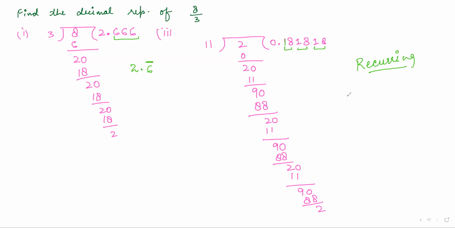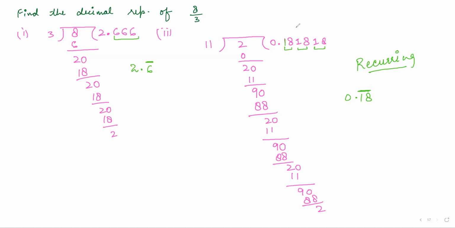Now again, this we can write as 0.18 with a bar. The bar covers both digits, because 181818 is recurring. Understood? So there are many more examples.